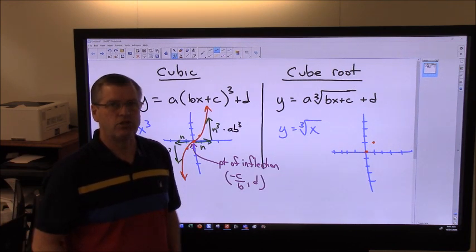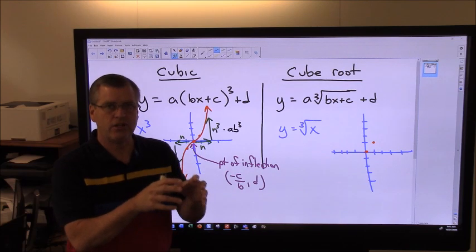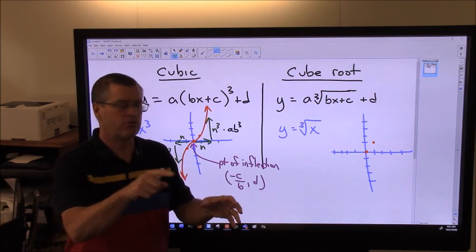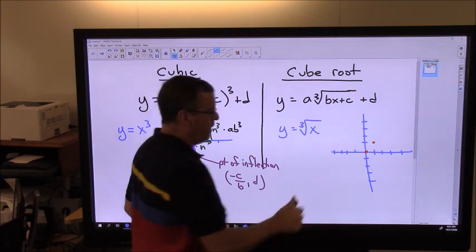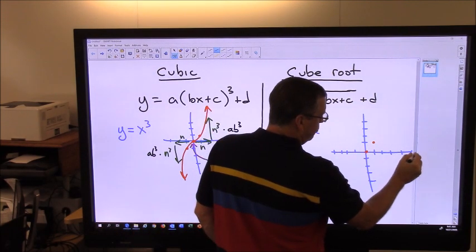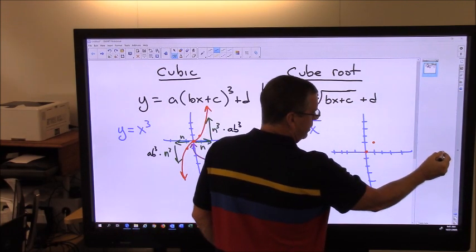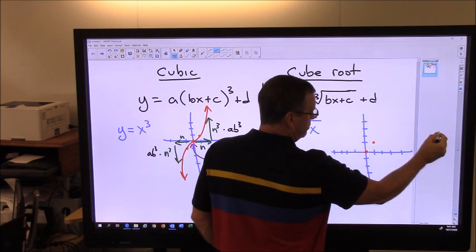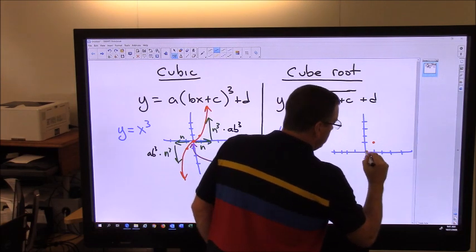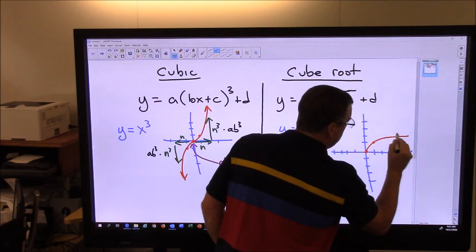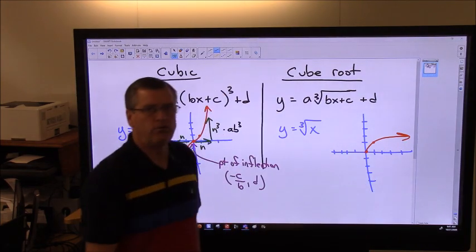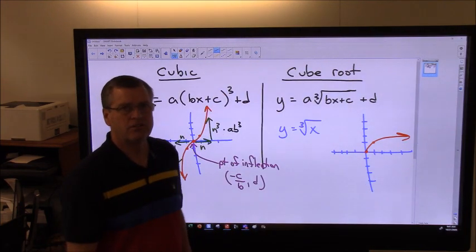The cube root of 8, which means what number times itself 3 times equals 8? That'd be 2 times 2 times 2. So I have to go all the way out to 8, which is way out here somewhere, and then up 2, and I get another point. So this graph is looking like this. It's almost like a square root, but a little bit different.